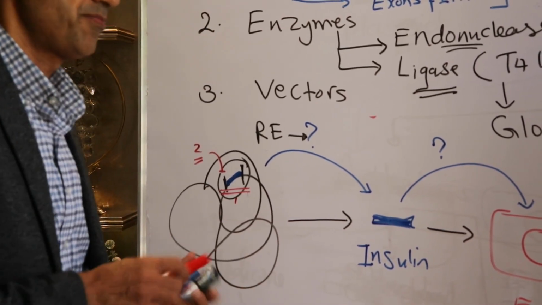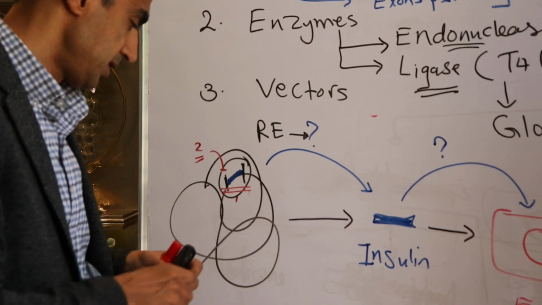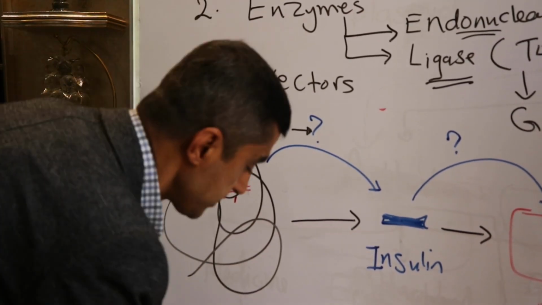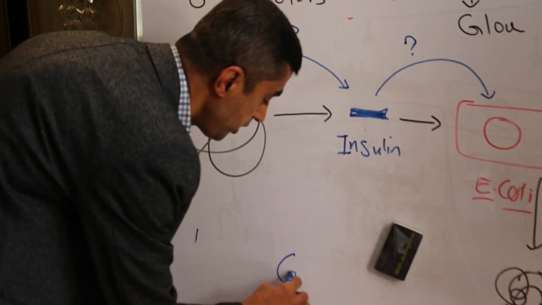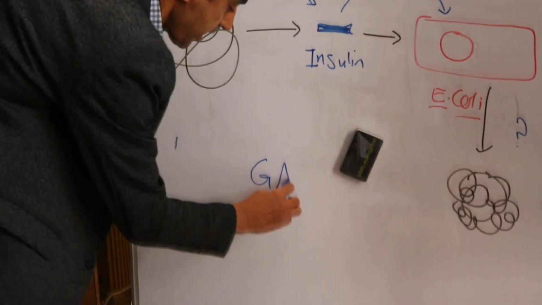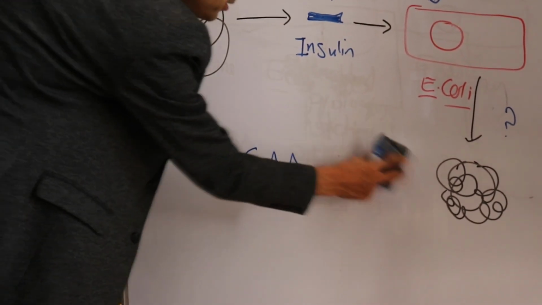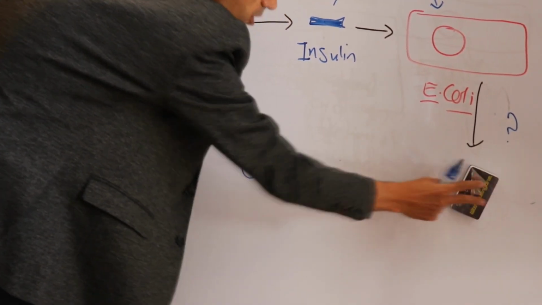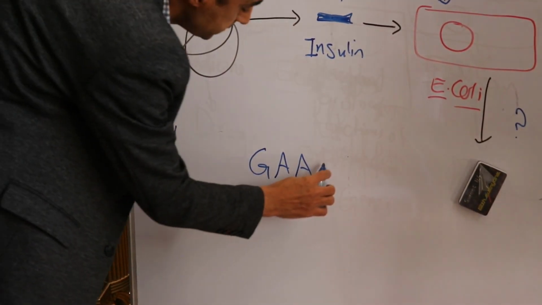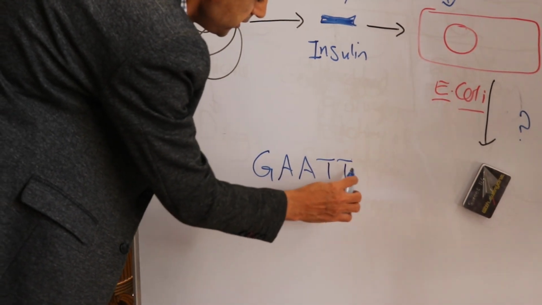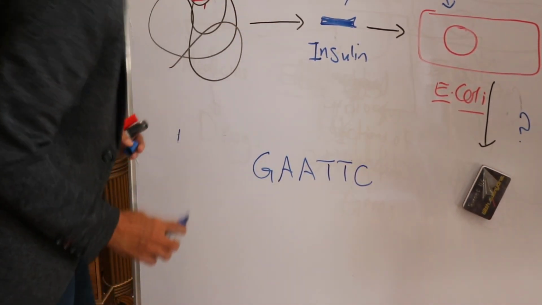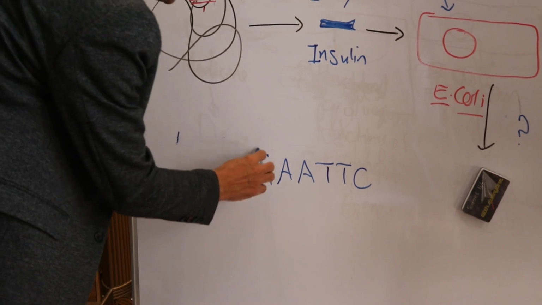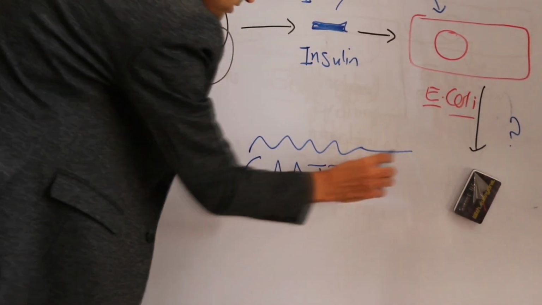For example, look at these sequences: G, A, A, T, T, C. This is our sequence.